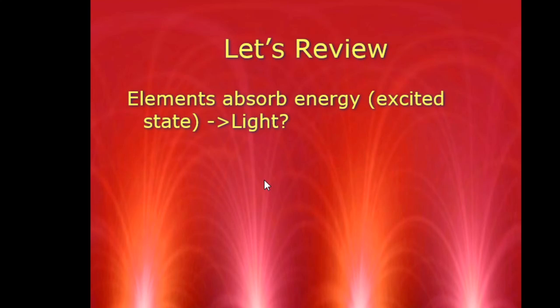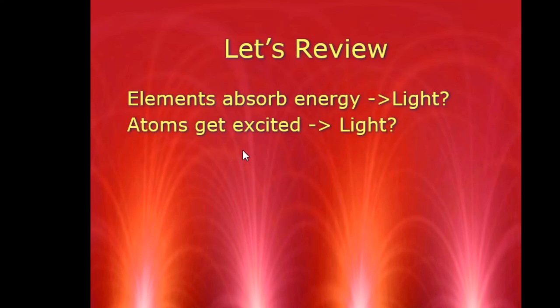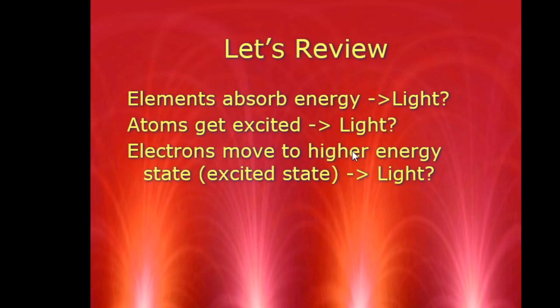Okay, so let's review. Elements absorb energy. That means they go to an excited state. Do they give off light? No. When they absorb the energy, remember, they are not giving off light. When atoms get excited, do they give off light? No, not yet.